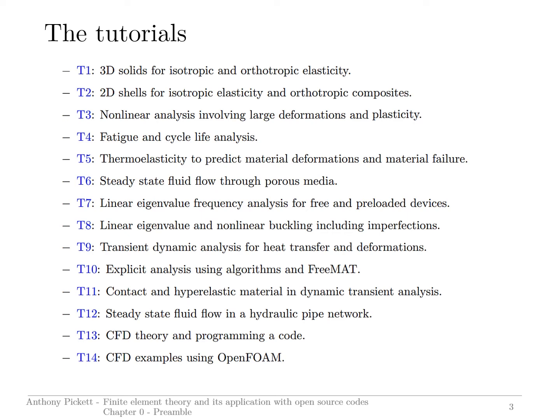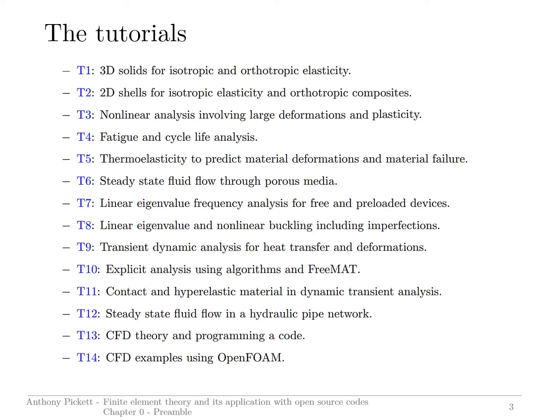And the last analysis included there is the failure modeling of a cup which is suddenly heated, creates thermal stresses and material failure. Next, tutorial 6 is a steady state fluid flow analysis through porous media.